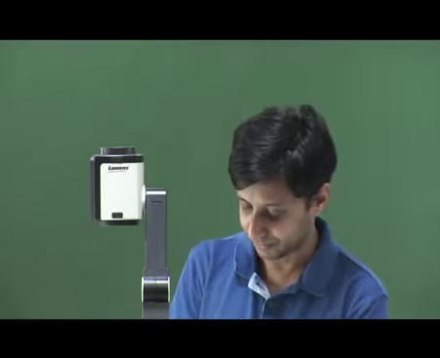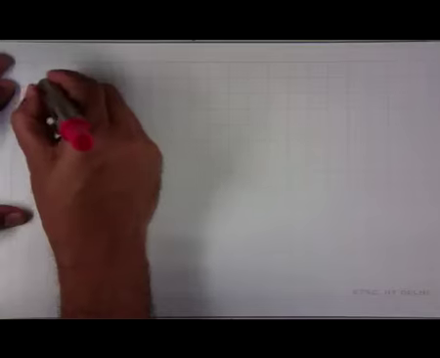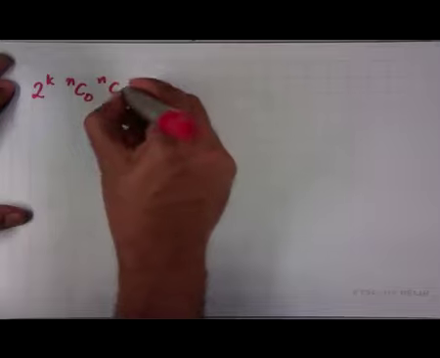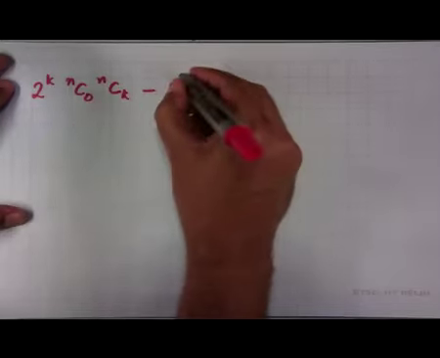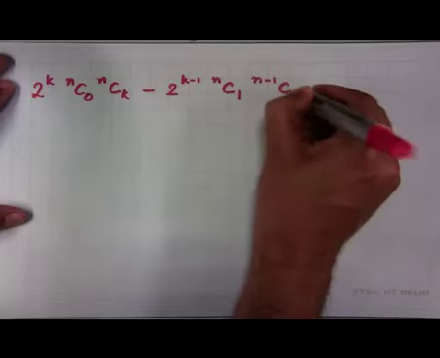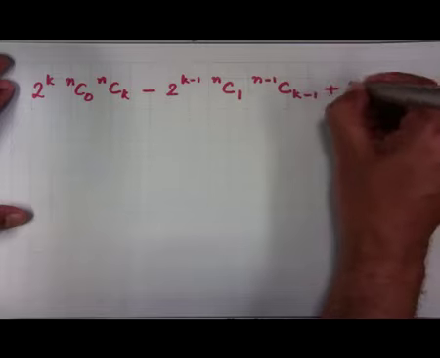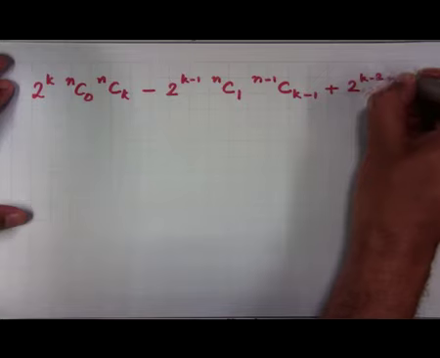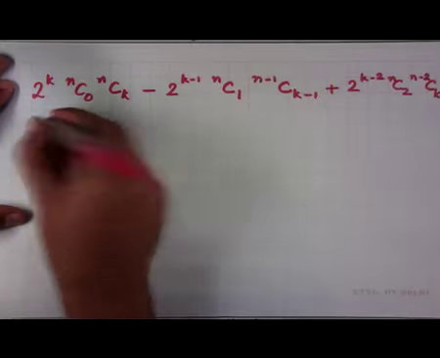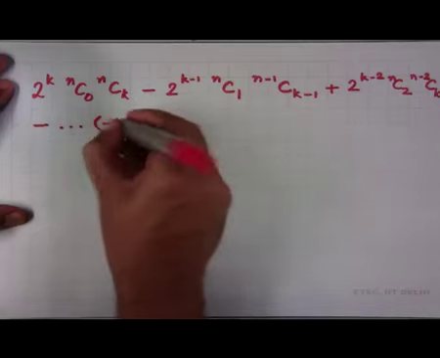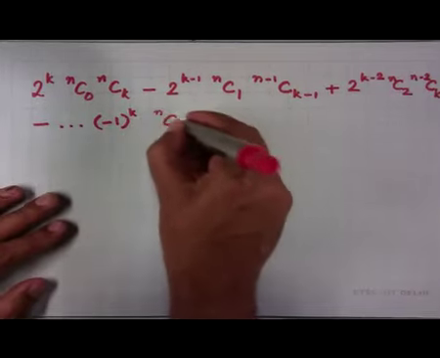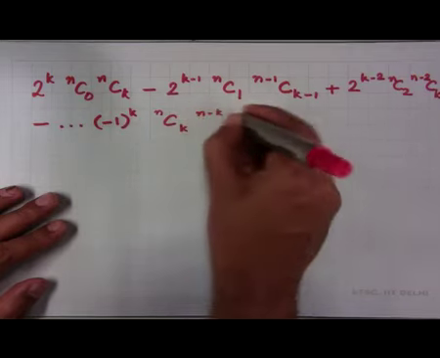So, my first example that I will work on is this. Suppose the question is 2 power k nC0 times nCk minus 2 power k minus 1 nC1 n minus 1 C k minus 1 plus 2 power k minus 2 nC2 n minus 2 C k minus 2 minus etc. The general term is minus 1, and the last term is minus 1 whole power k times nCk n minus k C 0.